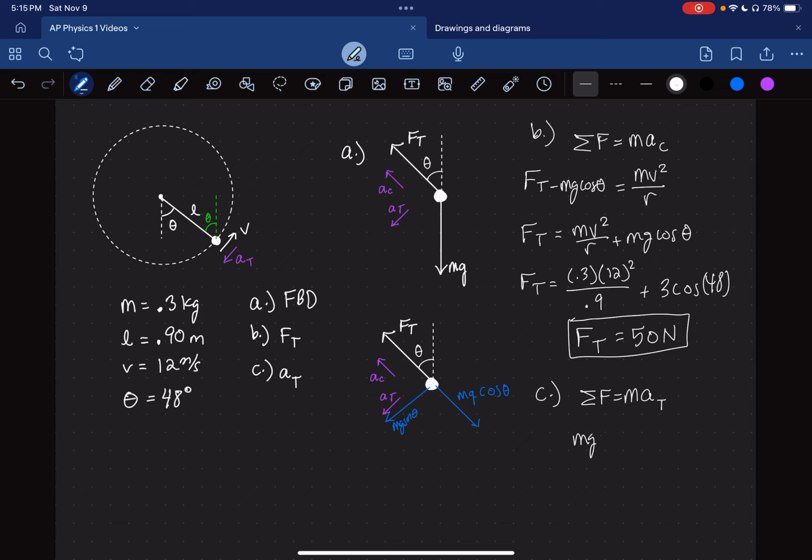So mg sine theta is equal to m times the tangential acceleration, cancel m, and it's just g sine theta. That's g times sine of 48. 7.43. Looks good to me.